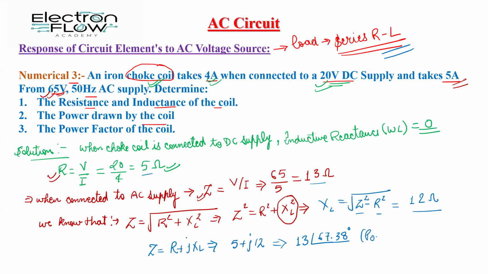This is the polar form and this one is the rectangular form. So till now we have calculated the value of the impedance, and the first point is successfully calculated.